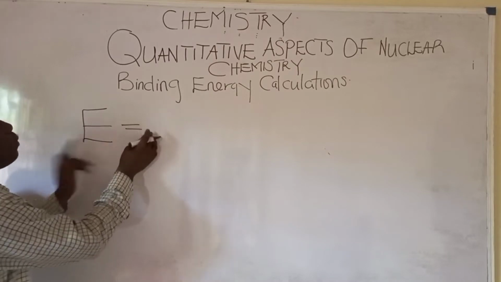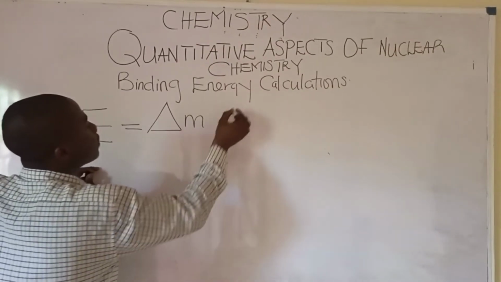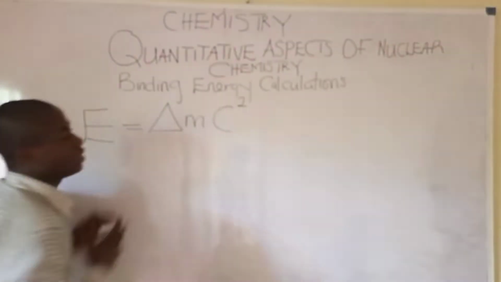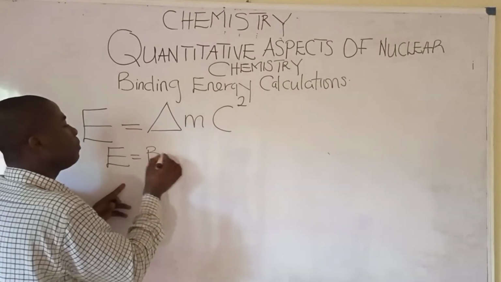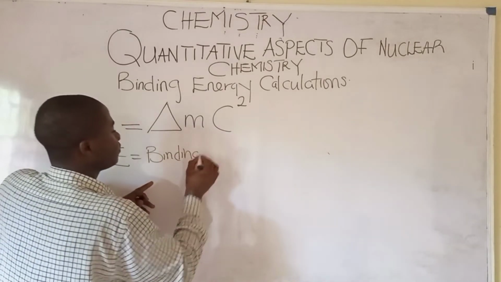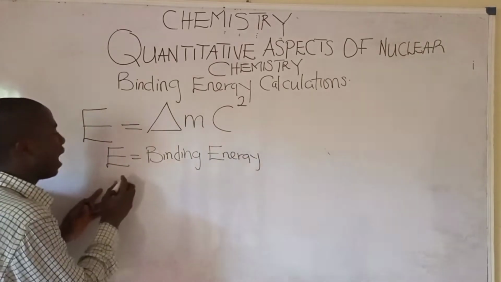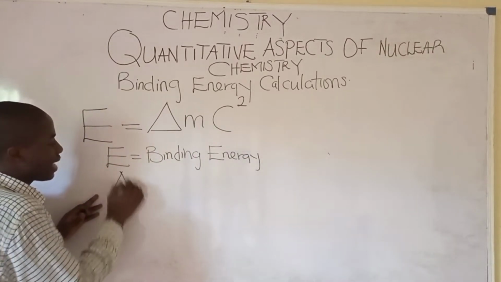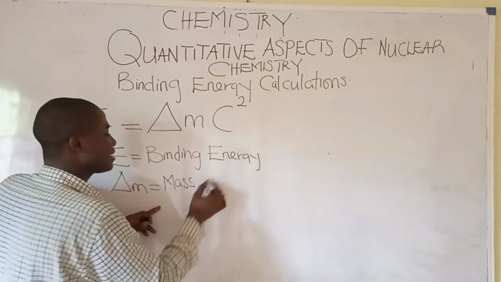So the binding energy has a formula, and it is E = Δmc². So the question you ask yourself, what is E here? E is the binding energy. And delta m is the mass defect, or you say the change in mass.